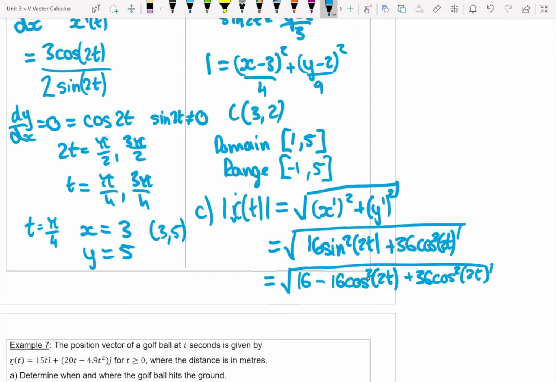So grouping our like terms there, we get that that is equal to 2 root 4 plus 5 cosine squared 2t, taking out a factor of 4, or square root 4. The reason why we've represented it in this form is because we can see that the maximum value is going to be determined by cos squared of 2t. So the maximum value of that is 1, and the minimum value of that component is 0.